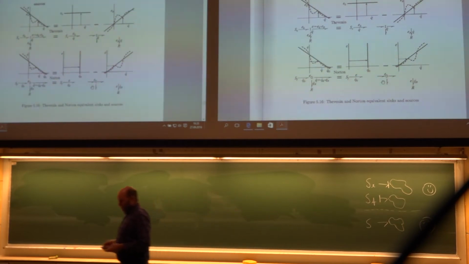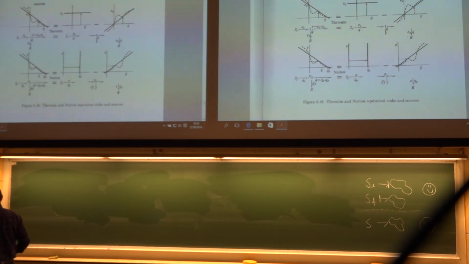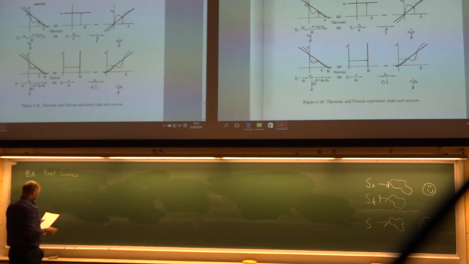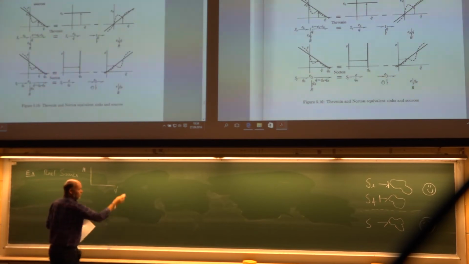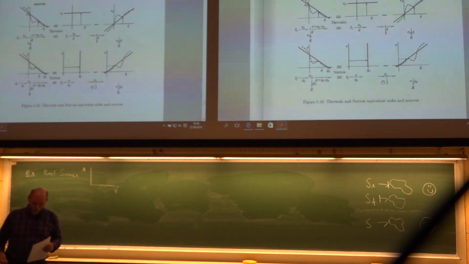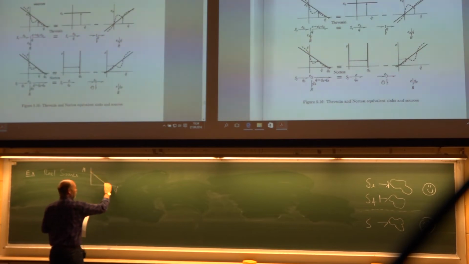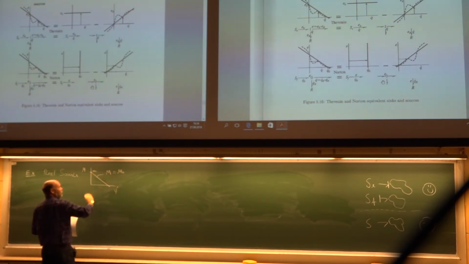So let us take a quick example. I have a real source. Say this is the rotational world, so I have torque, rotational speed, M and phi dot, as we had in exercise 2. And I say I have a linear connection here. So M equals M0, that's this value.